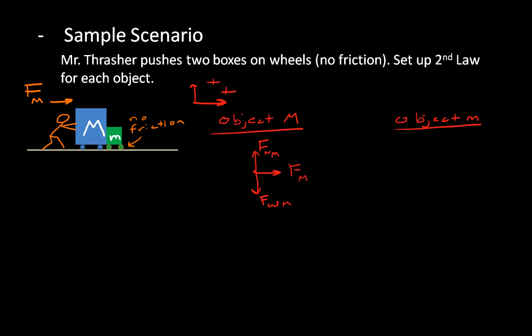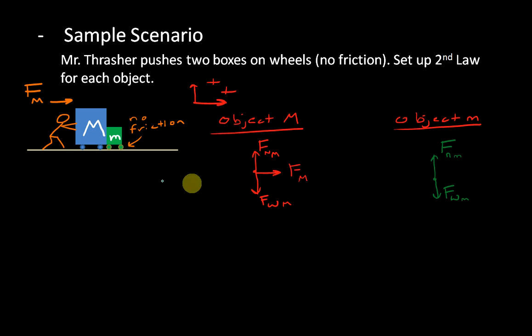For the other object, if I actually switch to green, that would make more sense. Well, there's a normal force on that little box. I could call that Fn for the little m. There's a weight, Fw little m.